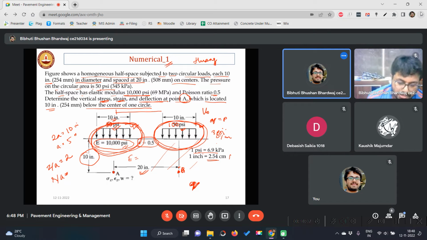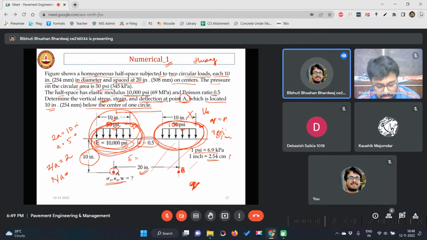No, not like that. We have to consider this by considering these two loads separately. Then we will use the method of superposition. That means first we will simply neglect this load and consider that only this load is there. Because of that, we will compute sigma z, sigma r, sigma t, everything at this point.